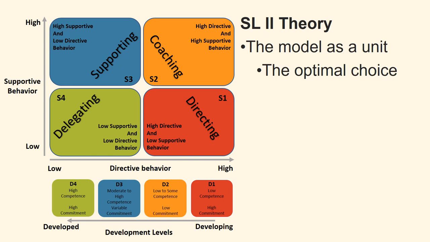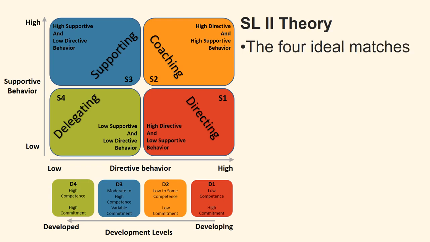We now look at the model as a unit and explain what leadership style is the optimal choice in connection with the employee's level of development. There are 4 ideal matches between the employee's level of development and the leadership style the leader should choose. These matches are reviewed as follows.